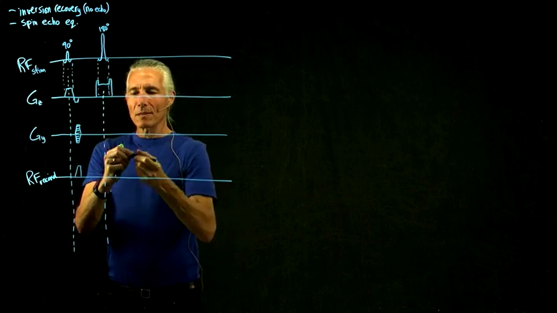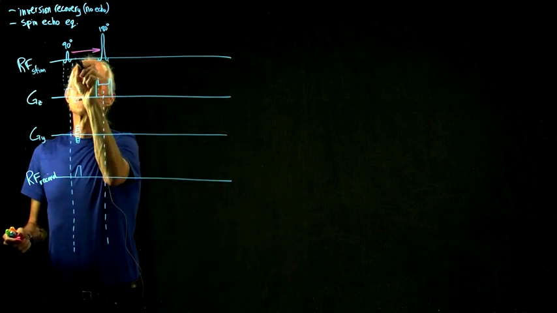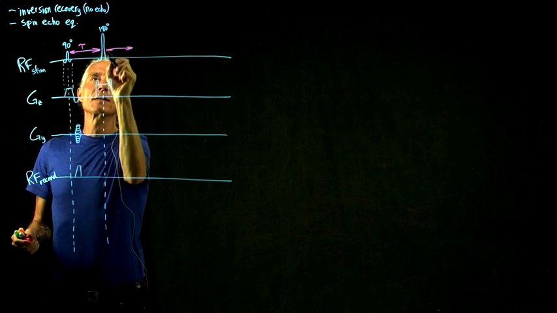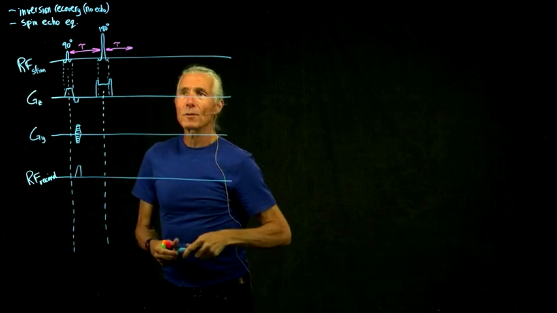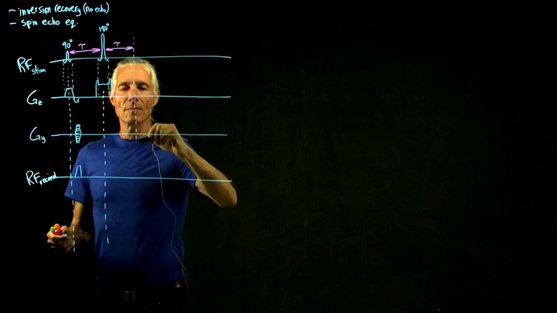And so then what's going to happen is the amount of time, so this is tau, and that amount of time later we'll get a spin echo. So at this point, we should recover back to T2.